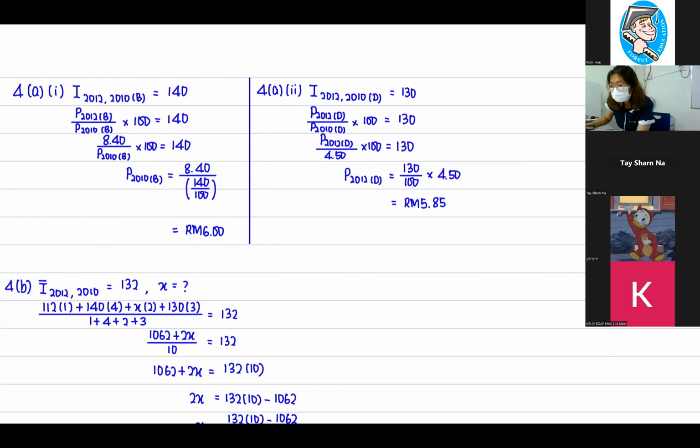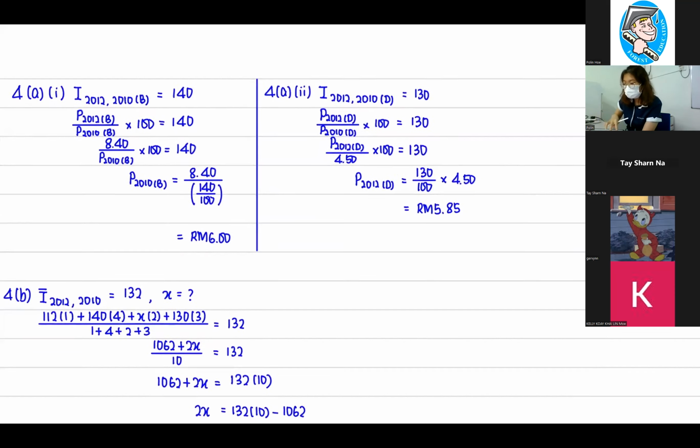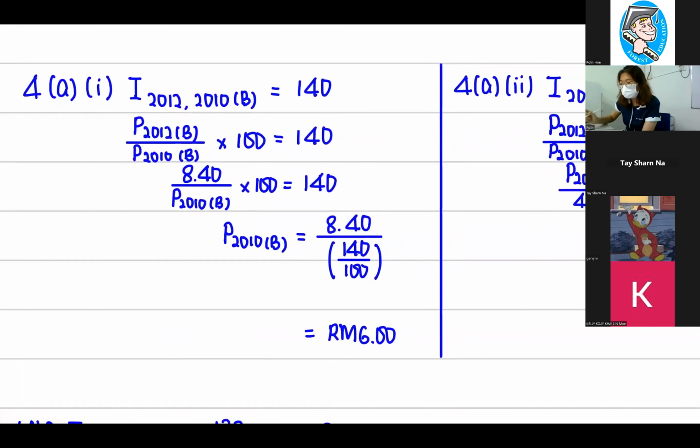So now, A part 1. Find the price of item B in 2010, if its price in 2012 is 8 ringgit and 40 cents. From your table, you find item B, 2012 based on 2010. 找这一个出来, you should get 140.